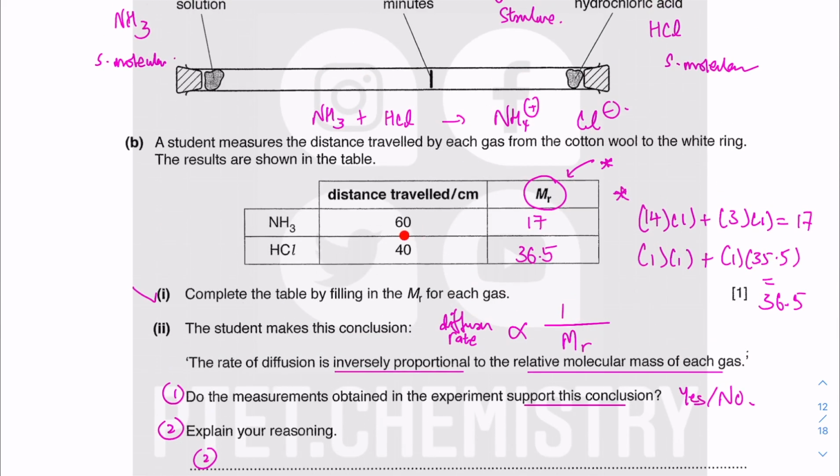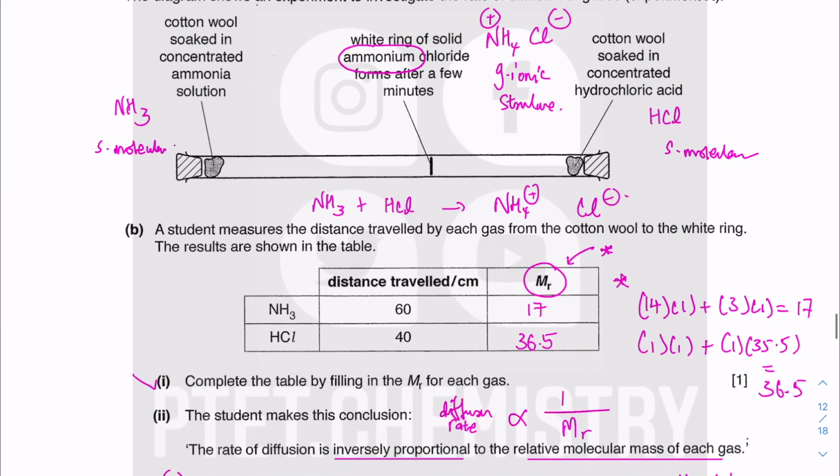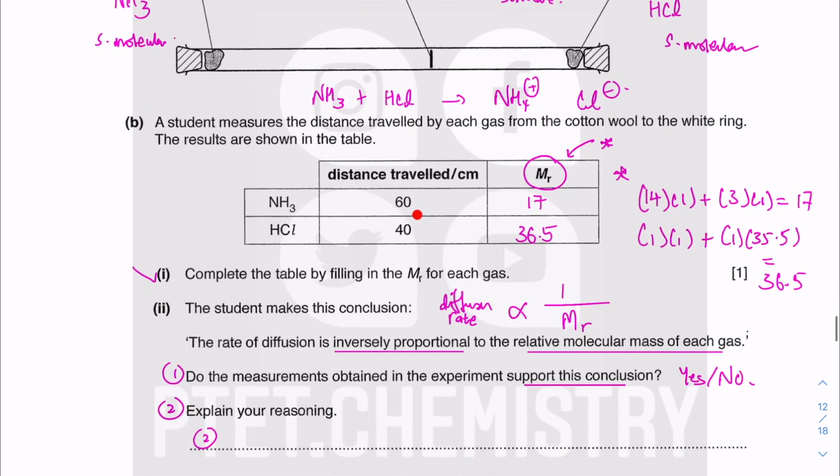The distance travelled: NH3 travels further. NH3 travels 60 cm, HCl travels 40 cm. NH3 diffuses over a longer distance. For a fixed time, it travels longer, so it diffuses faster.